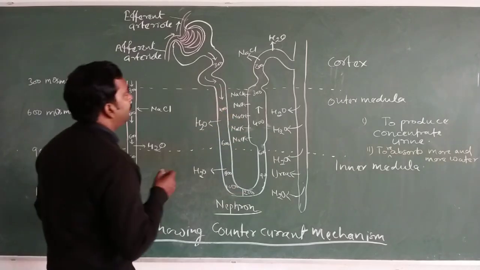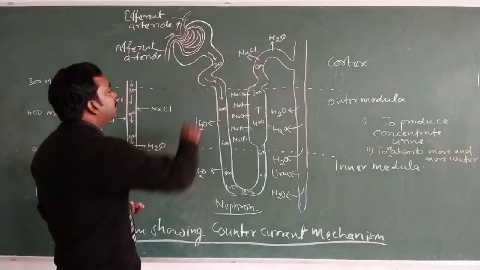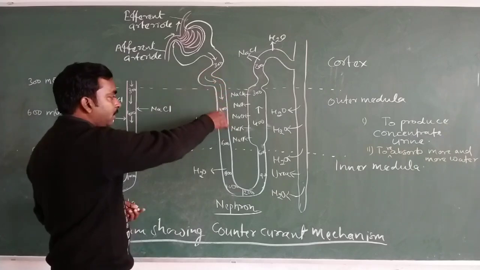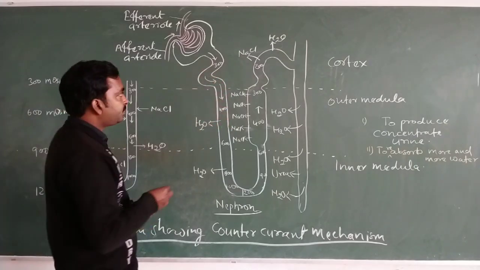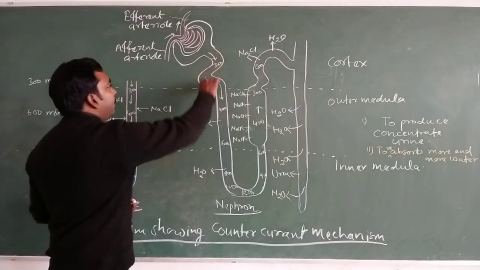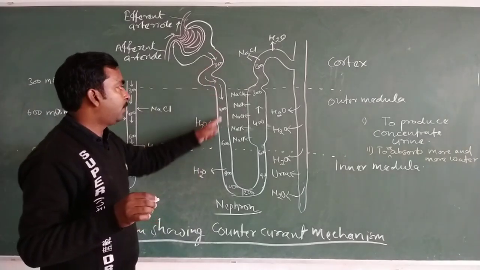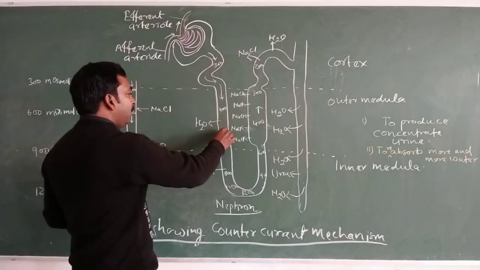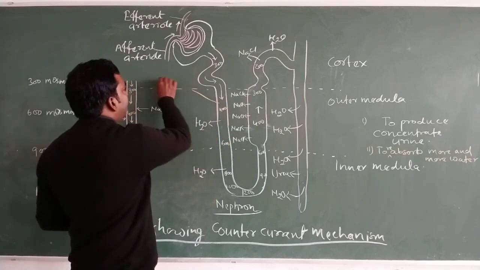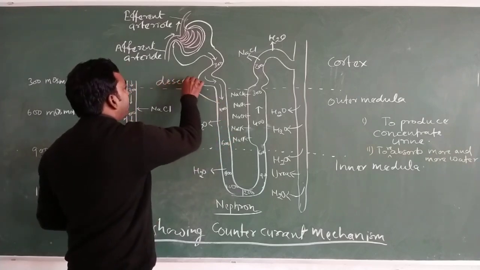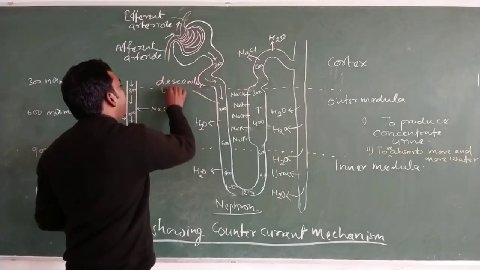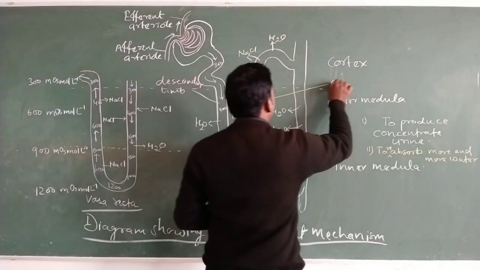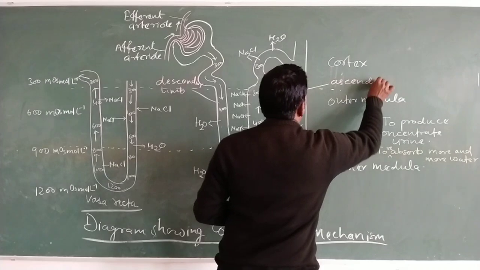As we studied in the previous video lecture, after filtration the filtrate moves into the tubular part of the nephron. As the filtrate moves along the tubular part, it goes through the descending limb of the loop of Henle. This is the descending limb of Henle's tube, and this one is the ascending limb.